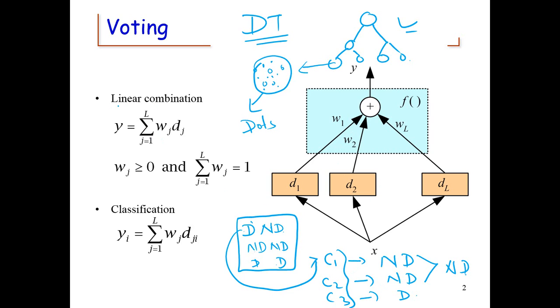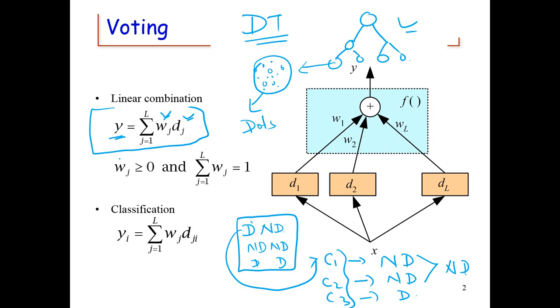So a single classifier would do something like this. You have outcome y, which is a linear combination of weights with the classifiers in place, and D represents each one of your decision trees, and you could have several decision trees in place.